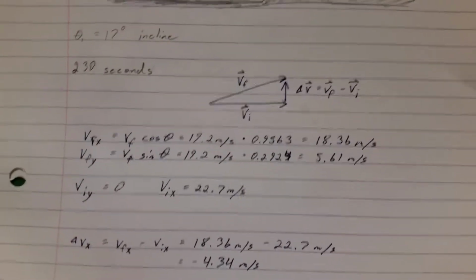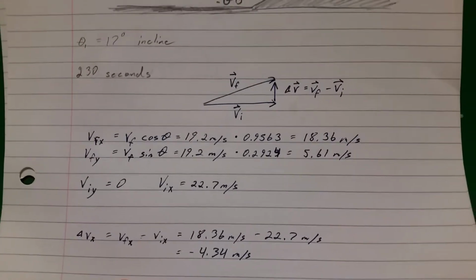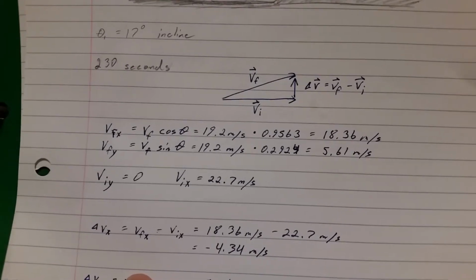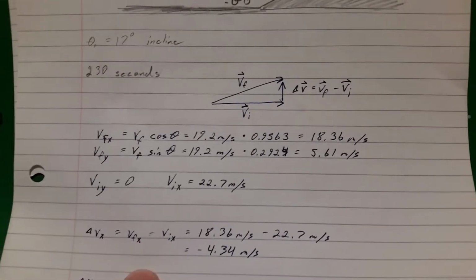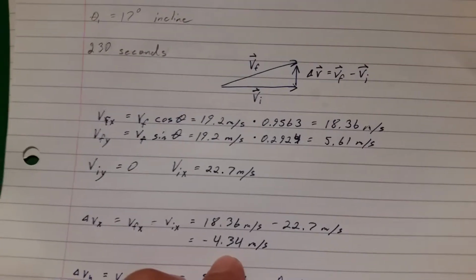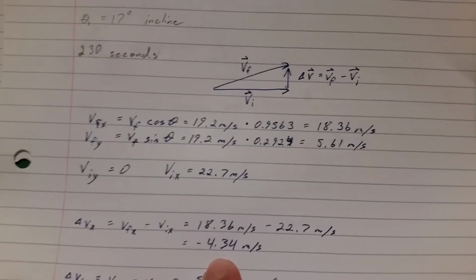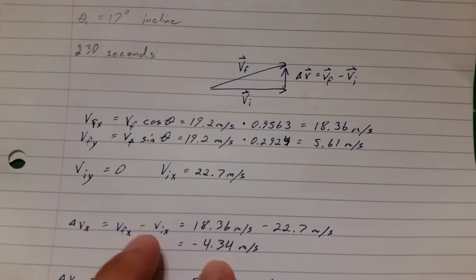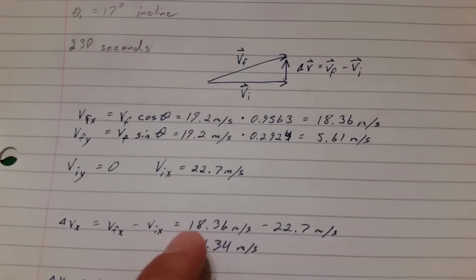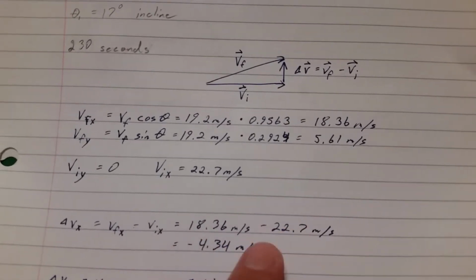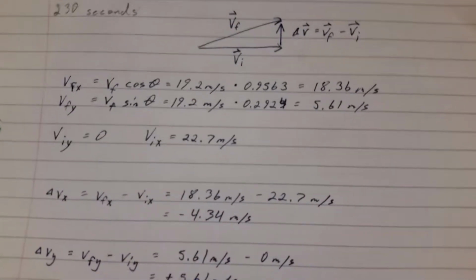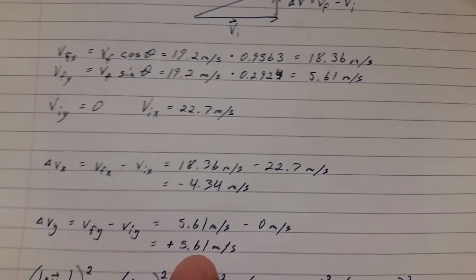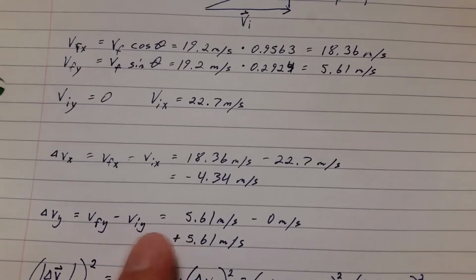So, let me think here. So now we can just subtract. Oh yeah. We just subtracted each of the components. So that's the x, one's the final, one's the initial, and then we did it again for the y part of the components of the final and the initial.